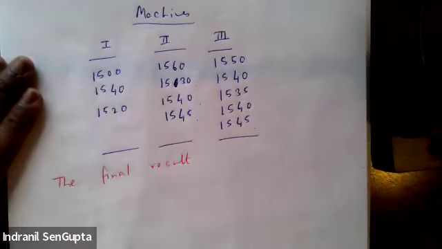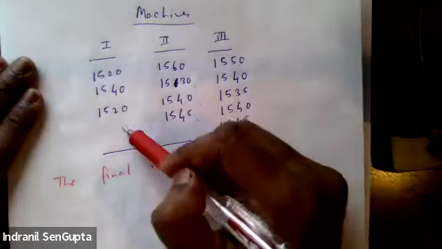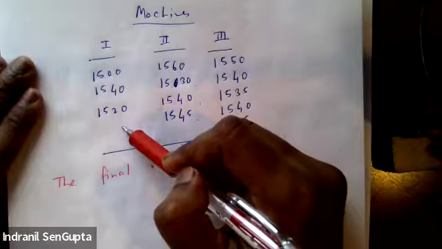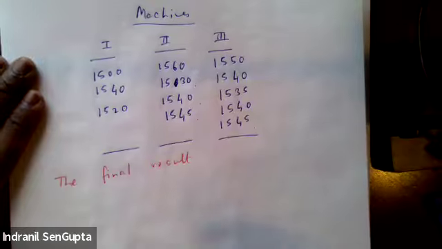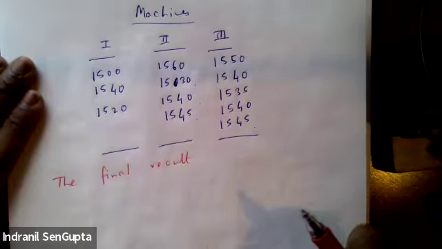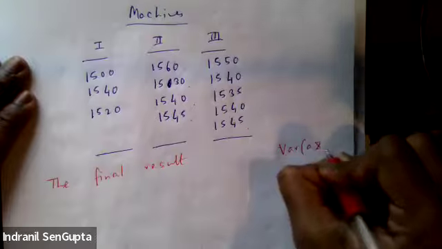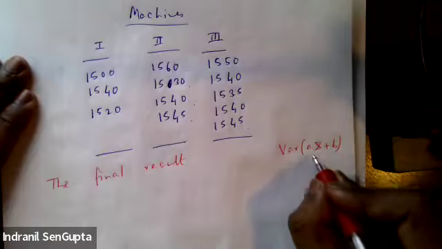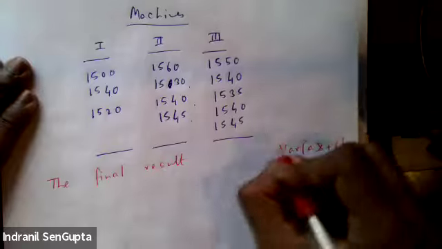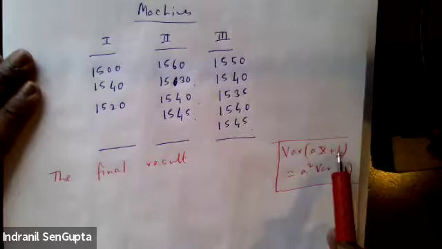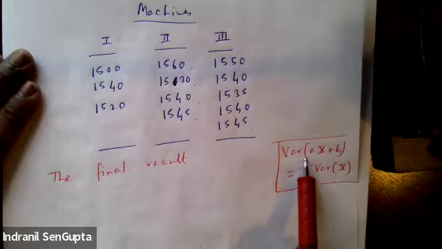Remember, variance is not affected if I add or subtract a constant from the data. But a scaling factor does affect it: variance of ax plus b does not see b, and a is seen as a squared. So shifting does not affect the variance, but scaling does, reflected as a square.